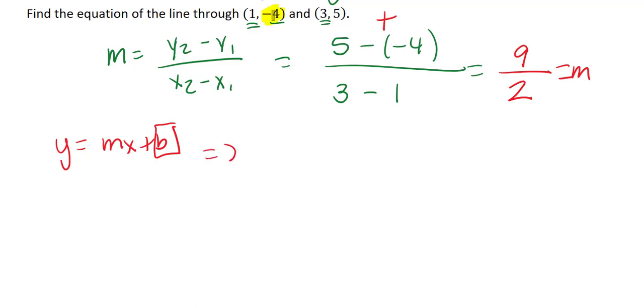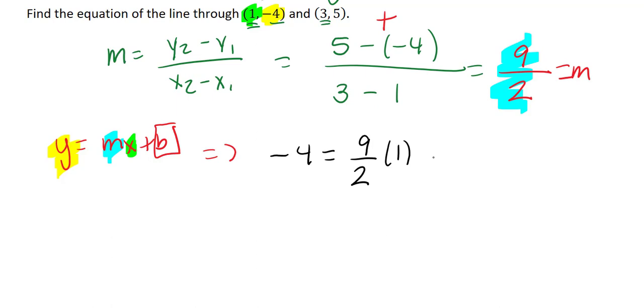This is going to be our y, this is our x, and our m is going to be this. So we have y, which is -4, our slope 9/2, and x is just 1, and then plus b.